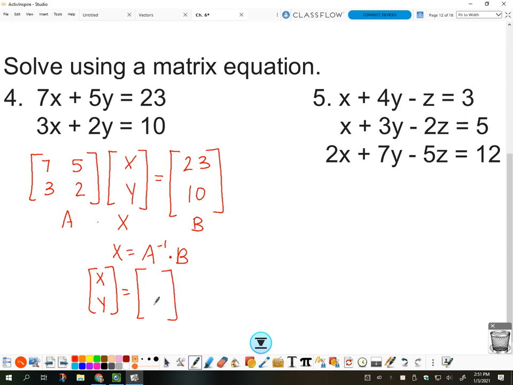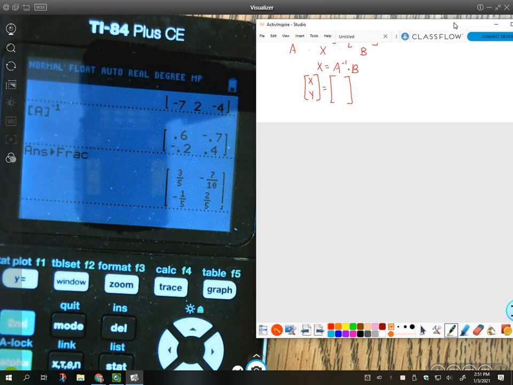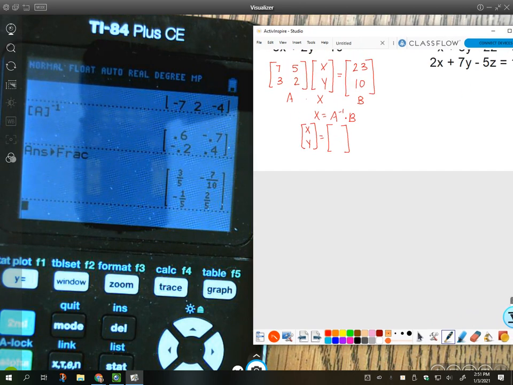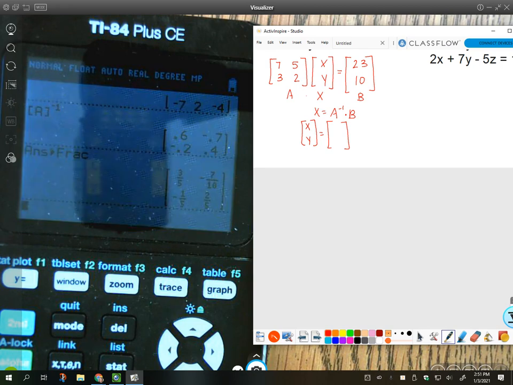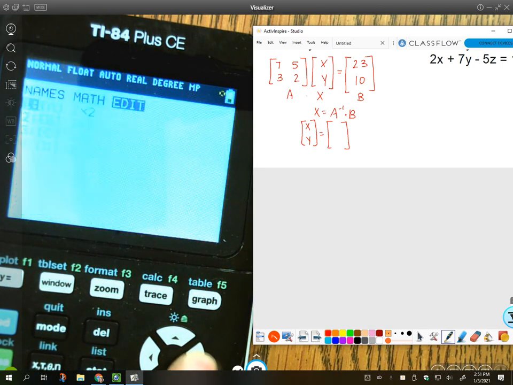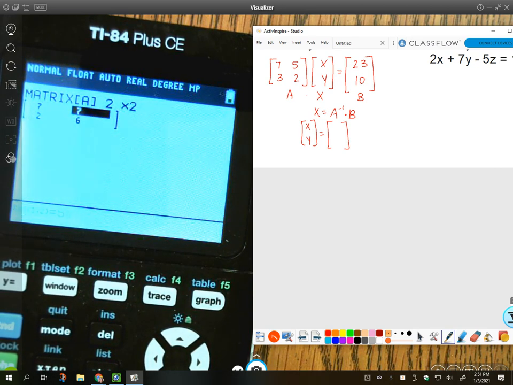Let's look at the calculator. Let's first of all make sure we can see the color. Okay, so in your calculator, go to matrix, over to edit, choose matrix A. It's a 2 by 2 with the elements 7, 5, 3, and 2.